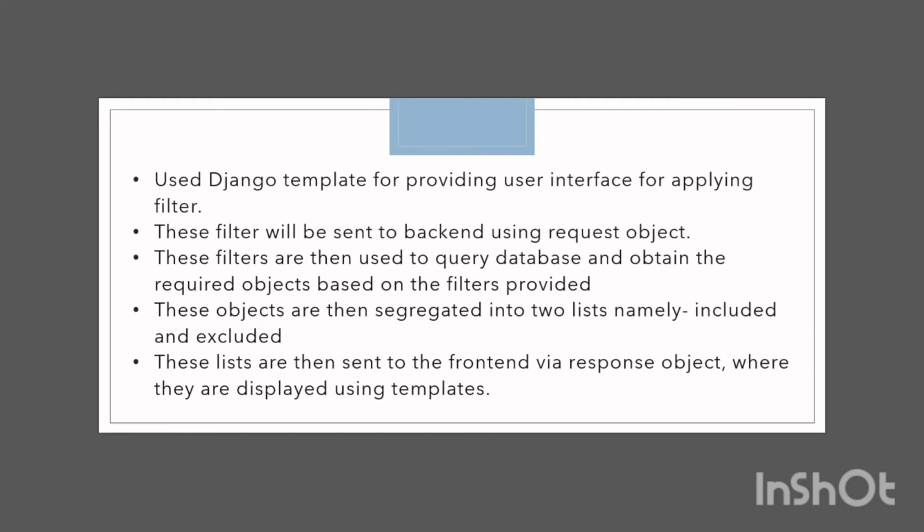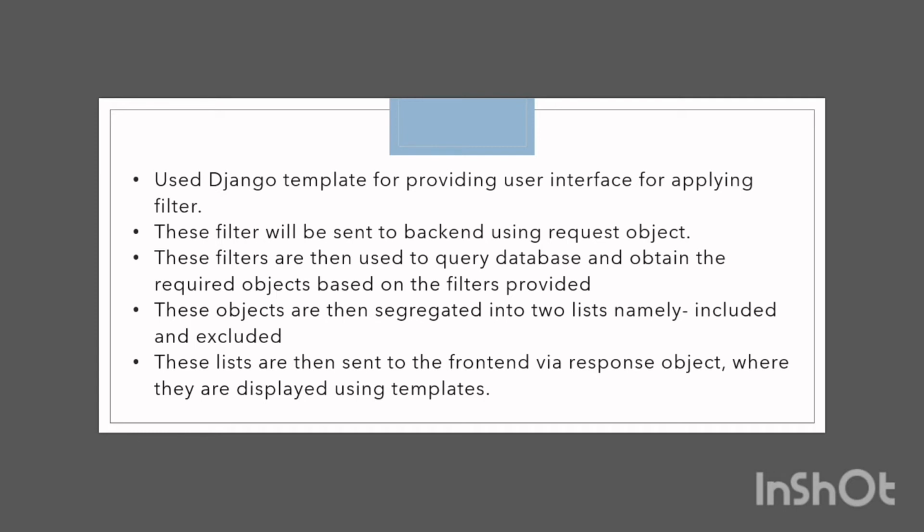The second phase involves extracting the items from the database based on the filter and search criteria provided by the user. The interface contains various filters and the user searches for items using the filters. These filters are passed to the server using request objects.